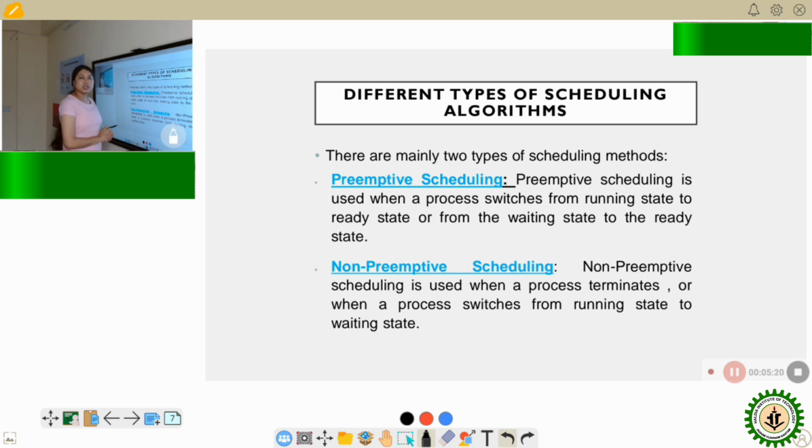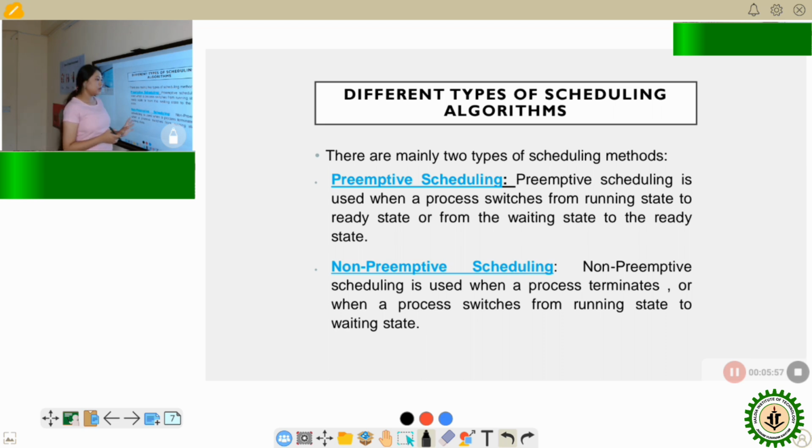Also from the waiting state to the ready state. Suppose our process is P1, we have to preempt that process to get P2 allocated in the CPU. So we preempt the process P1 in the middle, then we allocate P2.